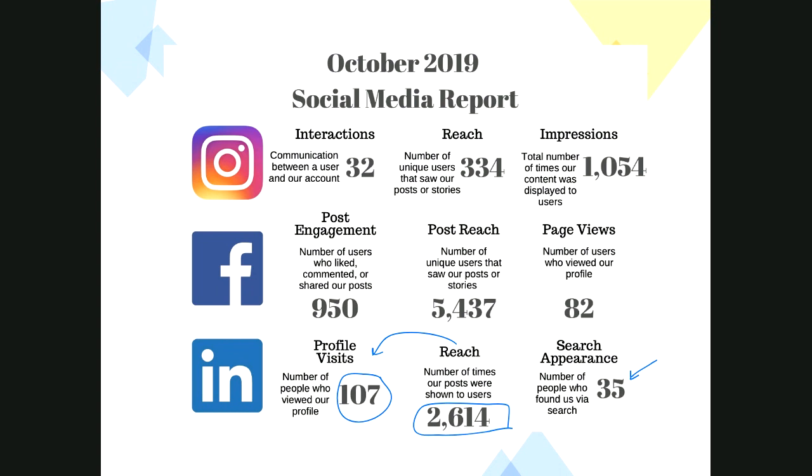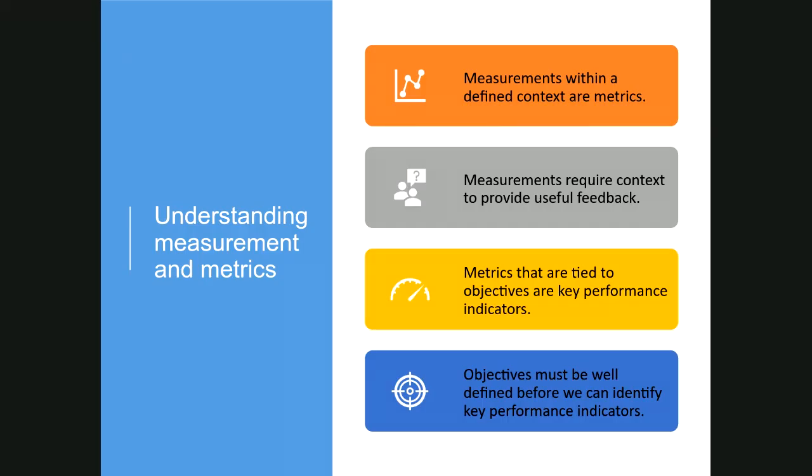And then we look at our most popular posts and say, what were they? Did they involve a dog? Have more posts that involve a dog. Did they involve a ferret? We need to have more posts that involve ferrets. Anyway, then we can make adjustments and do it again, hopefully do it better. So one last time, measurements within a defined context become metrics.